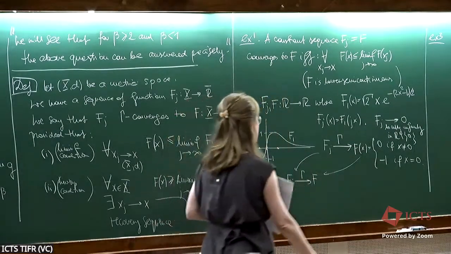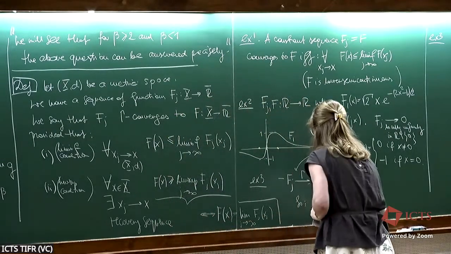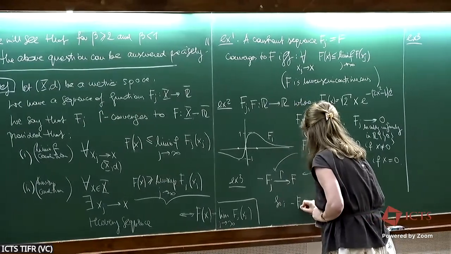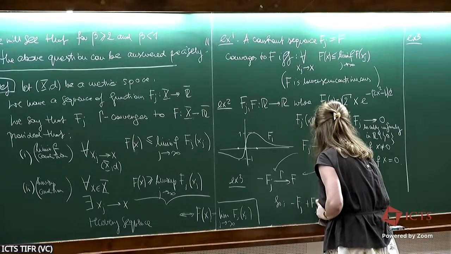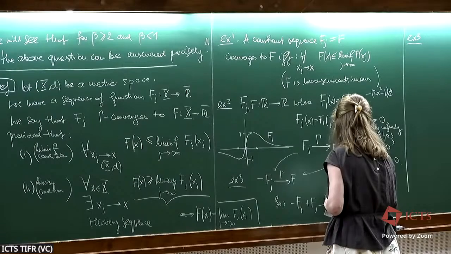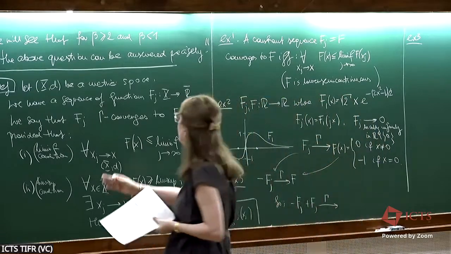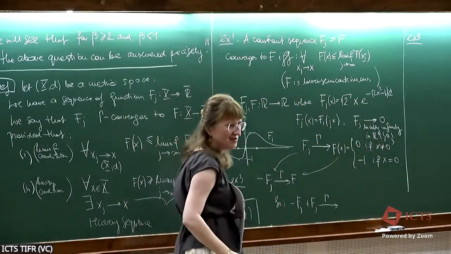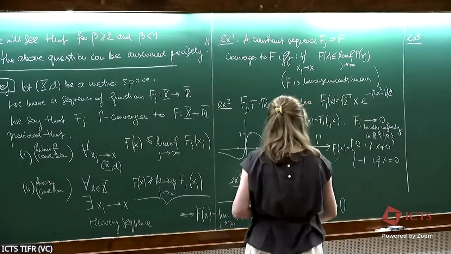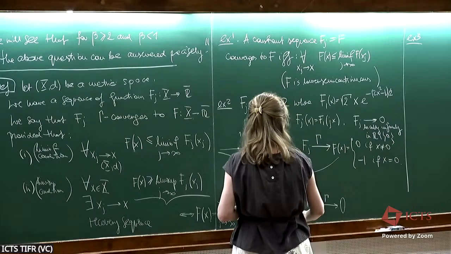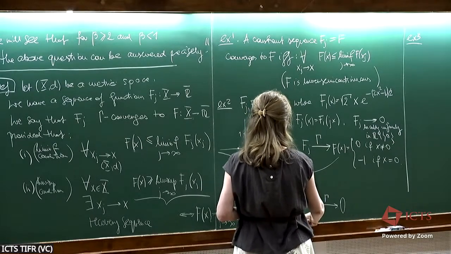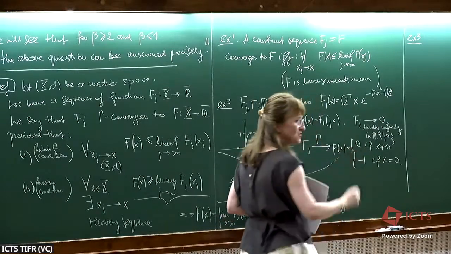So in particular, I have negative fj plus fj. Of course, that is 0, so that's really the constant sequence 0. 0 is lower semi-continuous, right? So this gamma converges to 0, but it does not gamma converge to the sum of the gamma limit of this and the gamma limit of this, which would be twice f, that is not 0.